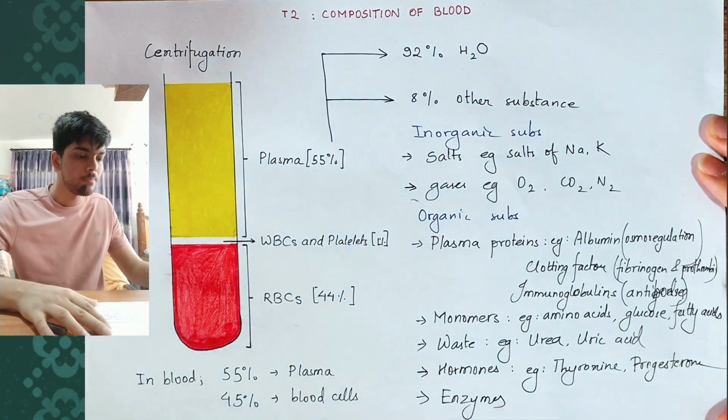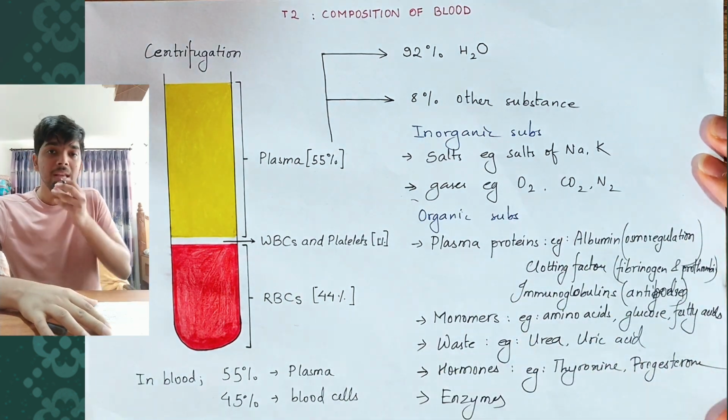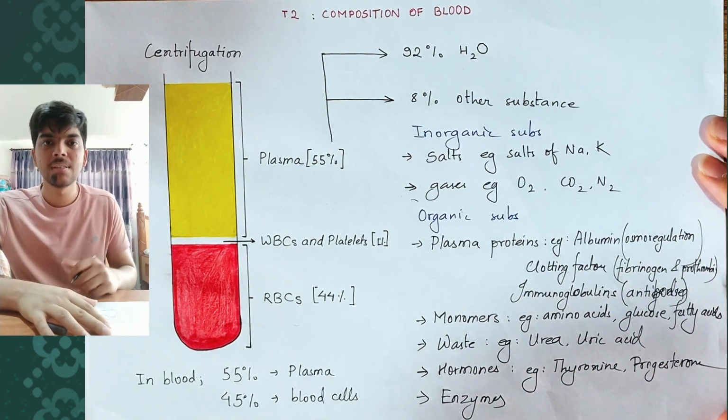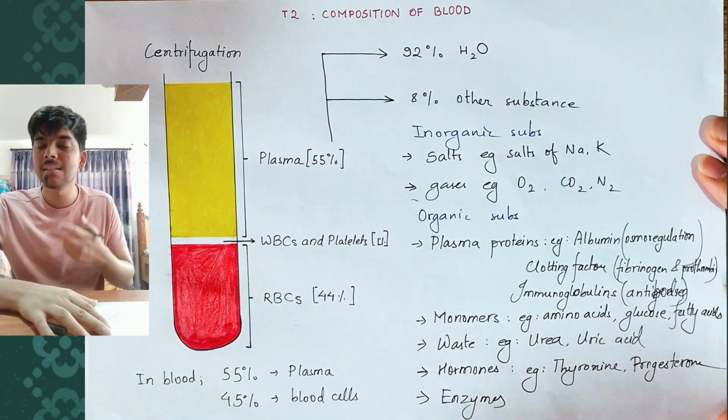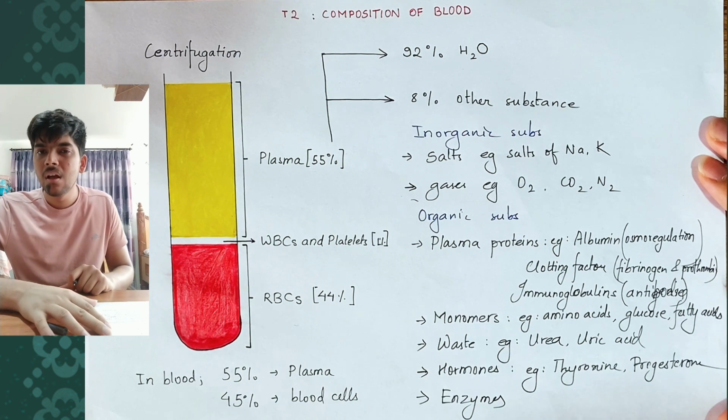found inside our body. Then there are monomers. What are monomers? The food we eat contains polymers, such as protein, fats, carbohydrates. These are large and can't get absorbed by our body.